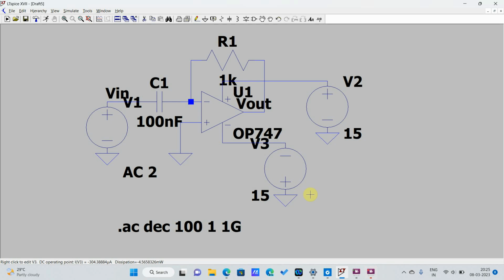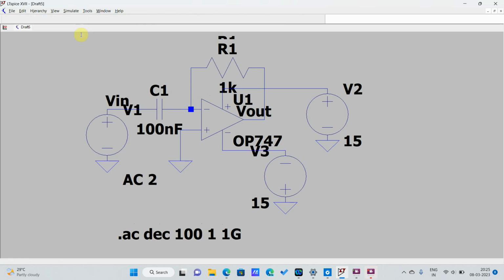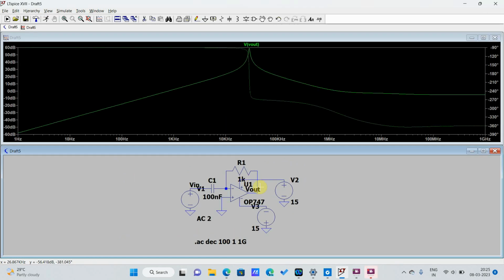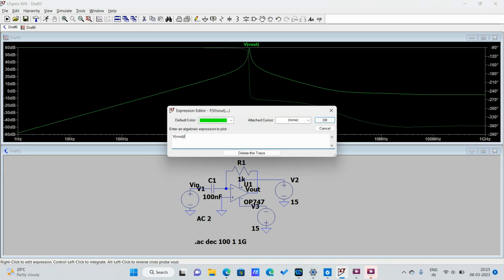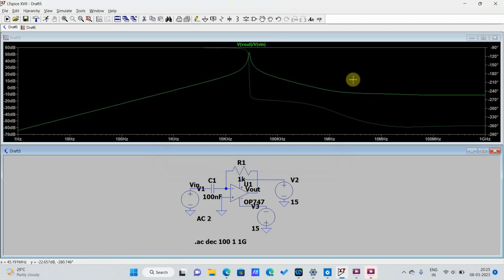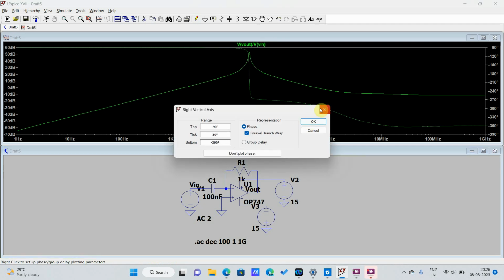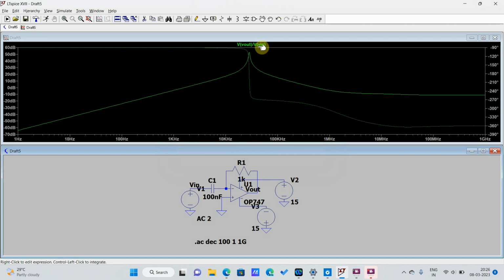Now we'll do the AC analysis for a differentiator. So this is the circuit of a differentiator, and the frequency response will be like this. This is the phase plot.